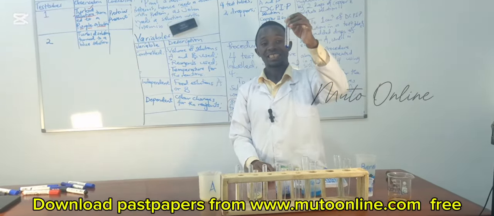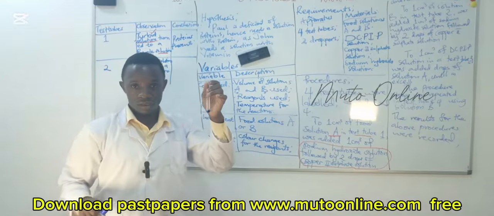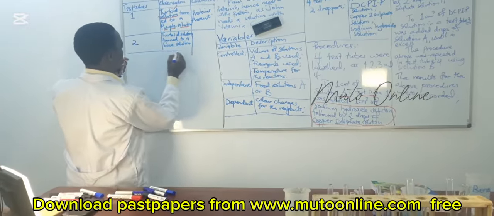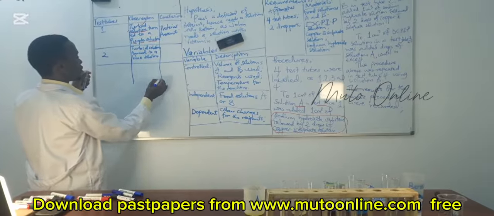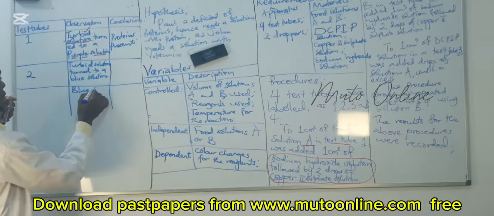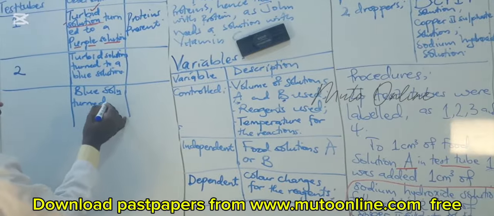So which color is this solution? In your observation table, you have to report the color of the solution as you placed it in the test tube. So it is a blue solution turned to what?